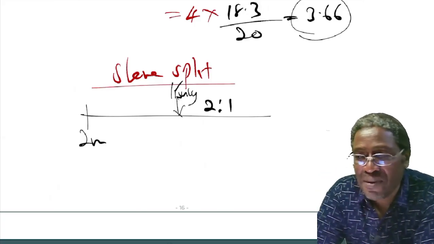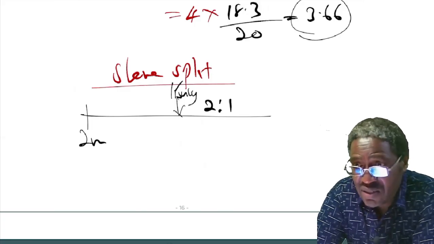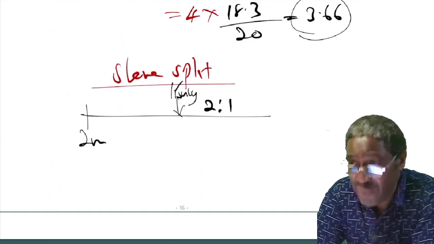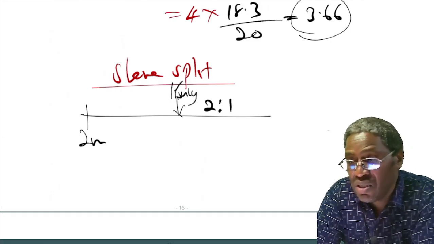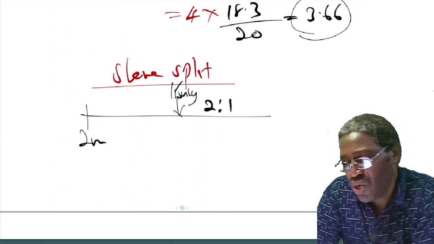Now listen. On 1st July, our company did a share split of the existing shares in the ratio of 2 for every 1.